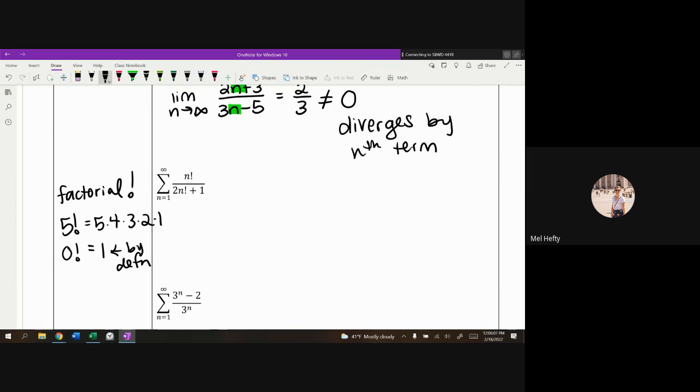Remember combinations and permutations from Algebra 2? Kind of. If you remember those words at all, it's like if I have so many things in a bag and I pick out 2 blue marbles, 5 red marbles, whatever. A lot of those things don't work if you don't have 0 factorial equaling 1. So they did it by definition is why it's true, but by necessity also to make those things work.